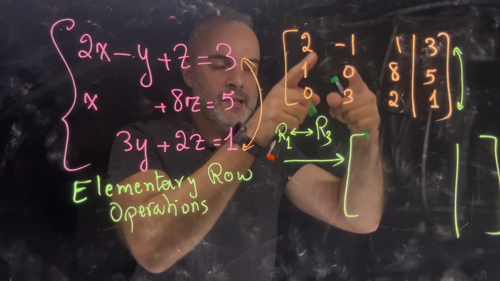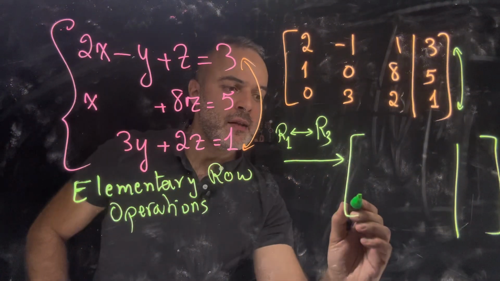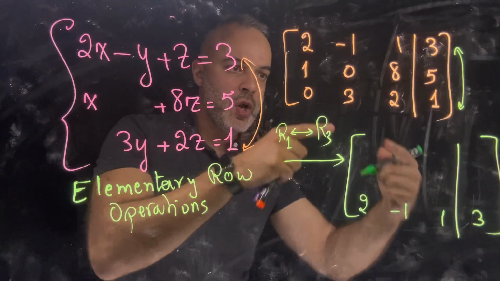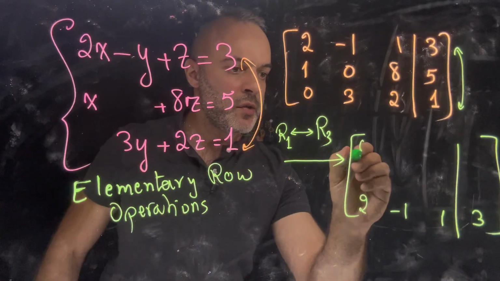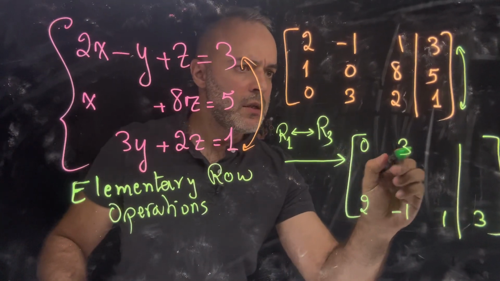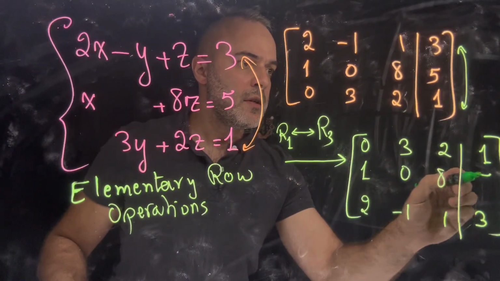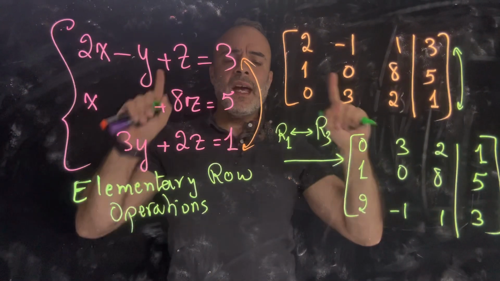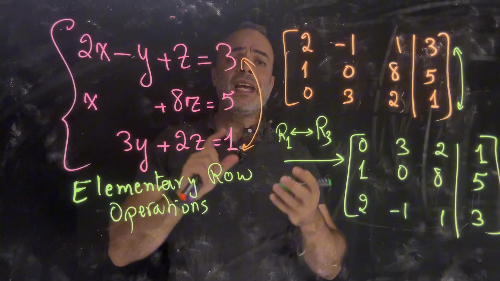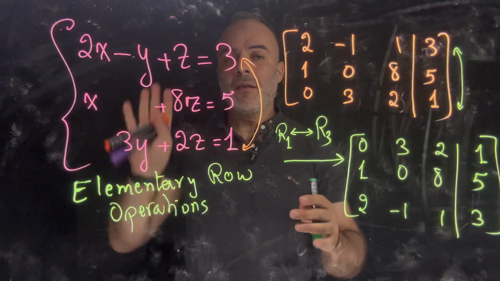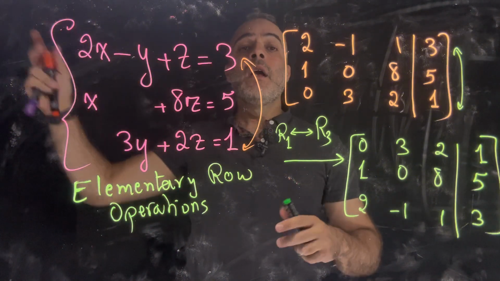So 2, -1, 1, 3 becomes the last row, and the third becomes the first, so 0, 3, 2, 1, and the second remains as is. Okay? So the first elementary row operation is to interchange any two rows. Now, why do we do that? I will explain later how this will help us.